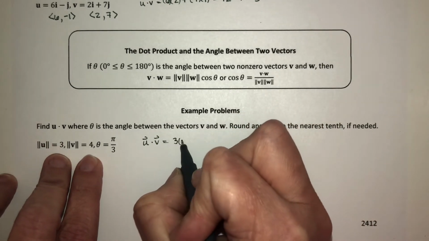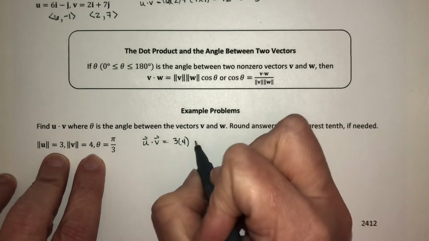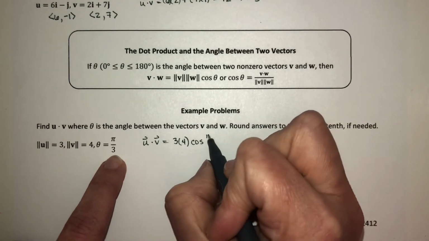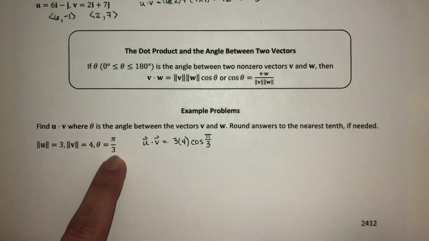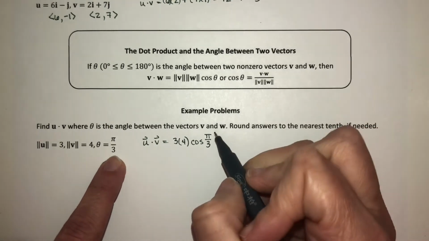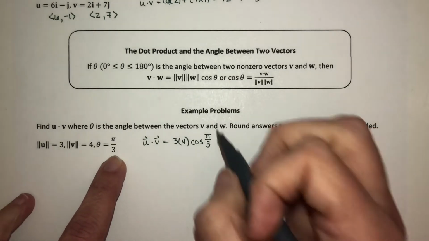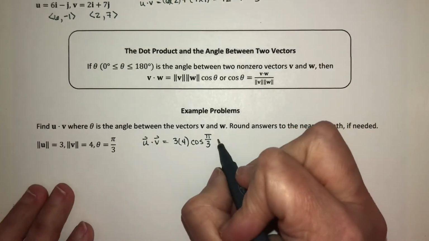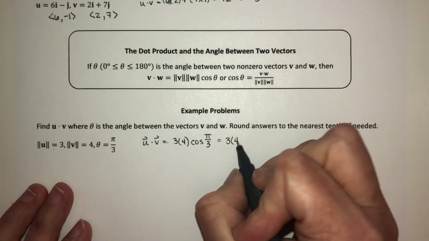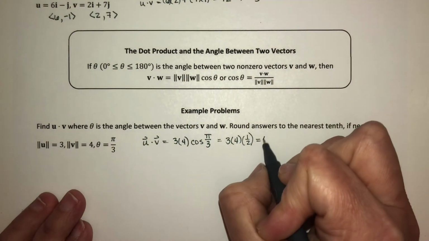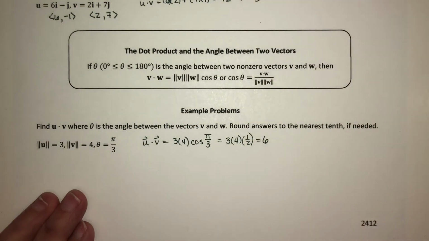So 3 times 4 times cosine of pi over 3. Now you need to be in radians because this does not have a degrees on it, so make sure you're in radians before you do any of these calculations, or this is one you should know. It's 3 times 4 times 1/2. So this dot product is 6. This was exact, we don't need to round.